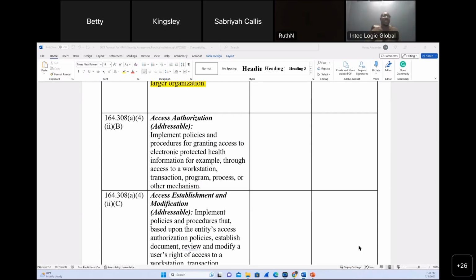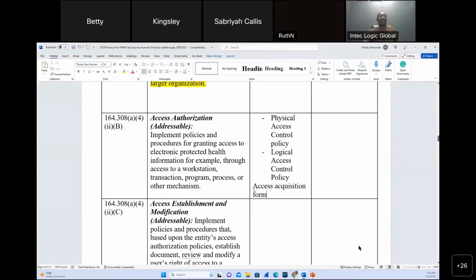Some companies also have evidence to show that we don't just give people access because you say hi, but we want you to go through proper documentation. They give you an access acquisition form where somebody has to fill out the form and sponsor you, then the most senior person will approve it before you are given access, right?